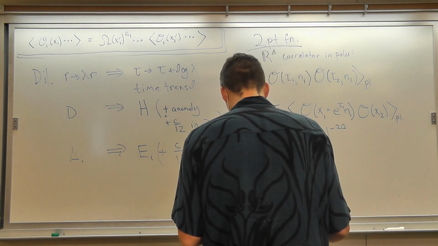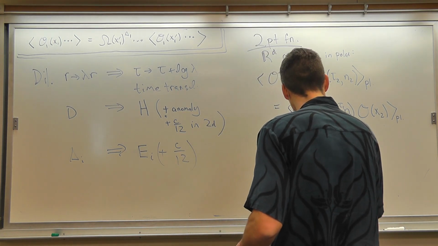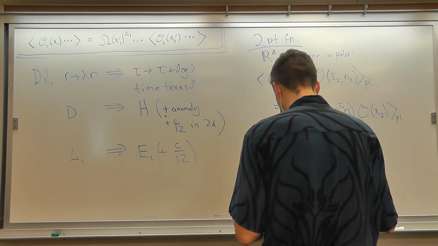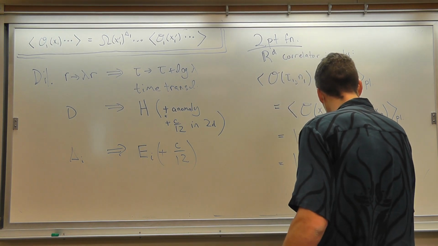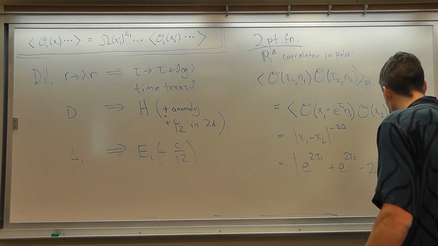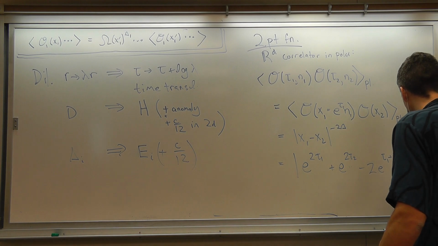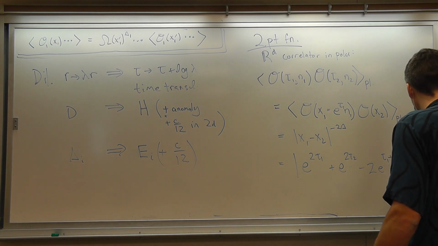So I can plug in this coordinate change, and it's (e to the 2 tau 1 plus e to the 2 tau 2 minus 2 e to the tau 1 plus tau 2 n1 dot n2) to the minus delta.